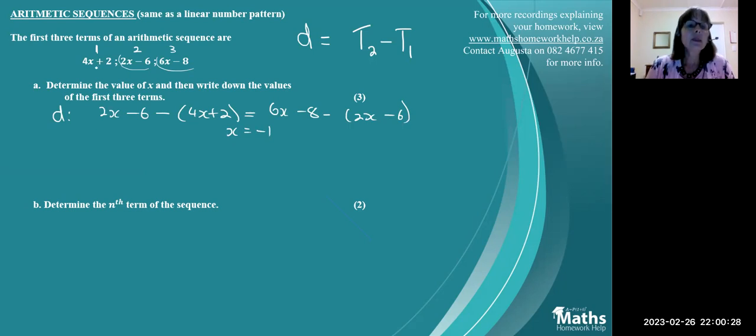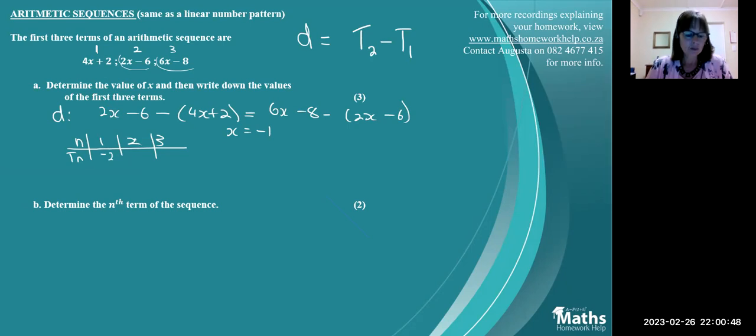Now you can actually sub in. If x is negative 1, we now have the actual first 3 terms. That's going to be negative 4 plus 2, so that would be negative 2.